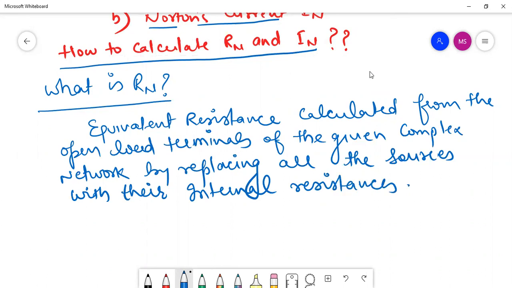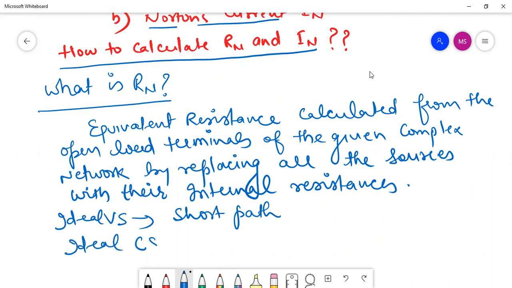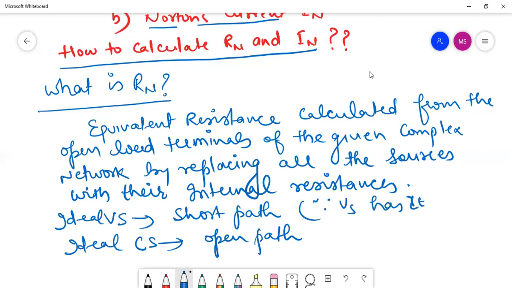That means an ideal voltage source is replaced with a short path, and an ideal current source is replaced with an open path, because a voltage source has zero resistance and a current source has infinite resistance.